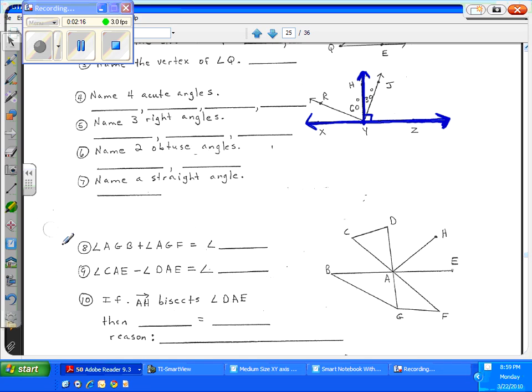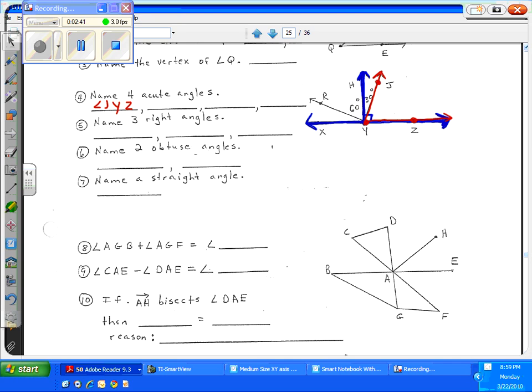So one angle that is less than straight over and straight up would be this angle right here. And we can name it from a point on one side and then the vertex and then a point on another side. And so there's one acute angle, angle JYZ, and we'll let you find the others.